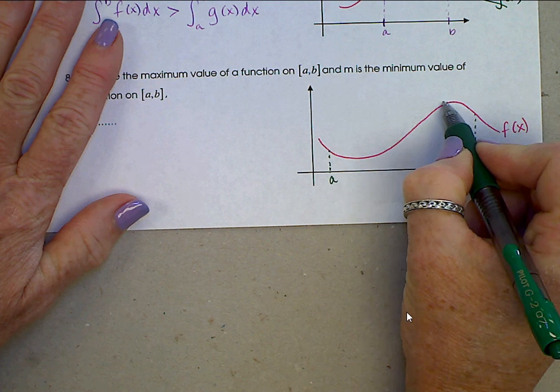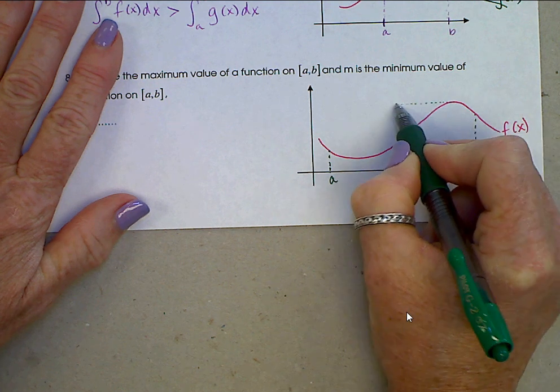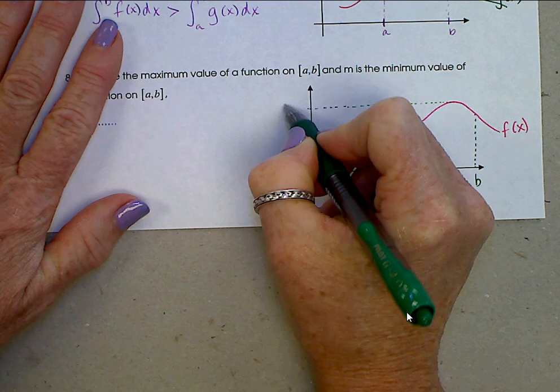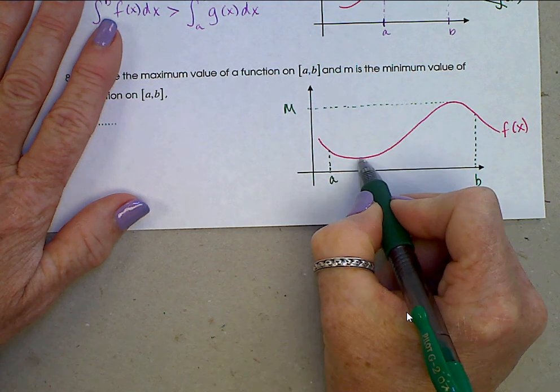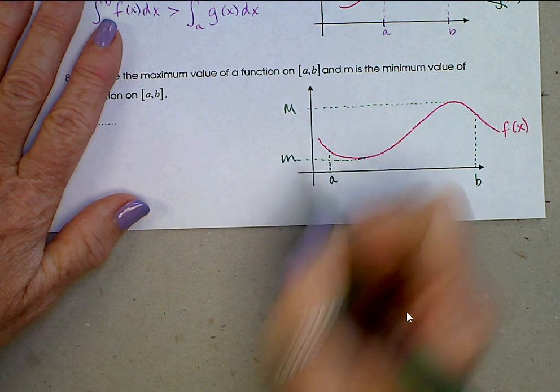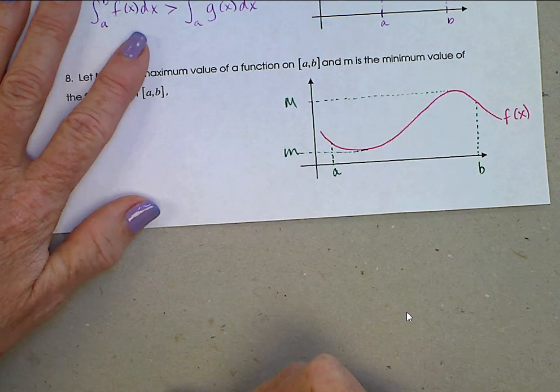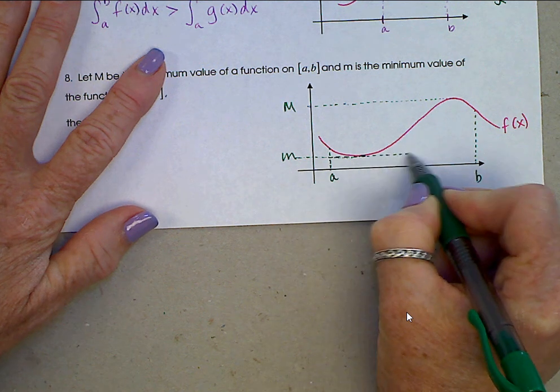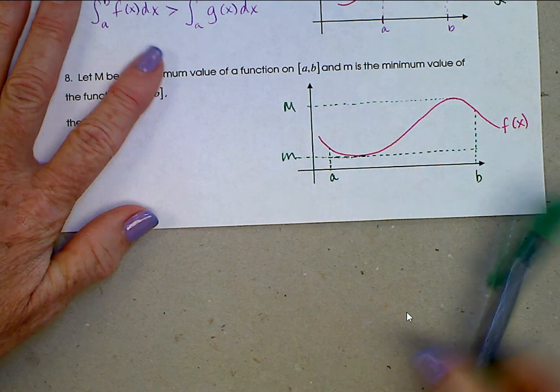All right, now, capital M is the maximum value of that function. So I'm going to take this height right here and pull that over here. That's capital M. The minimum value here, little m. All right, let's take this little minimum value here and let's extend that all the way across this interval.